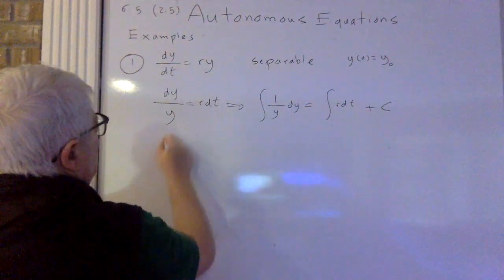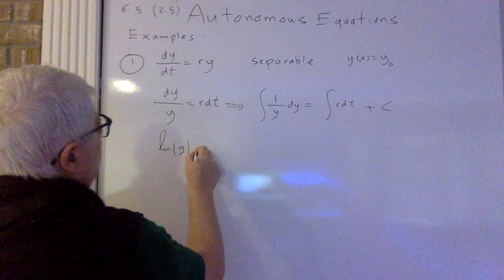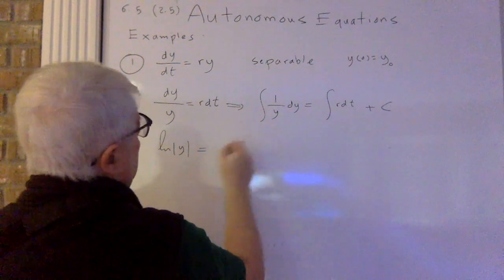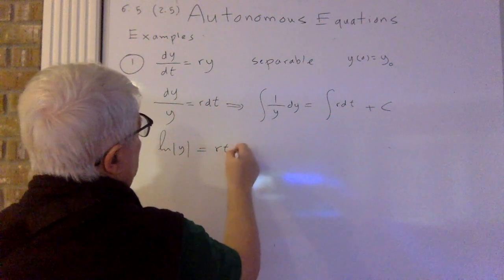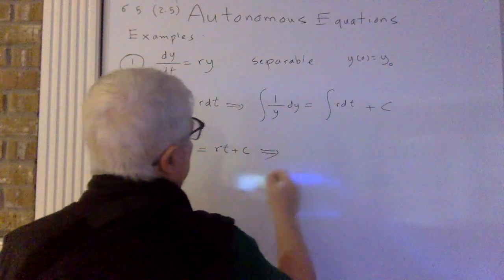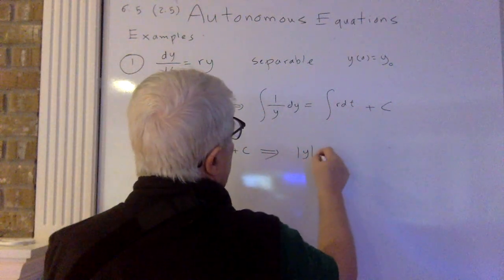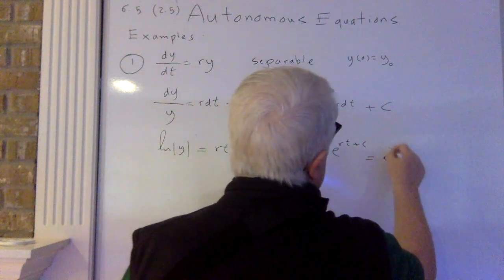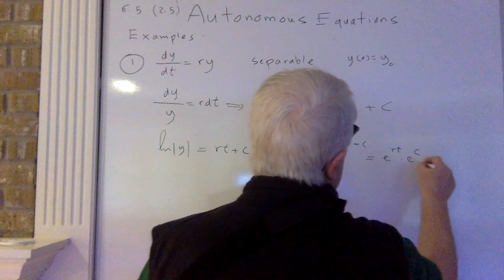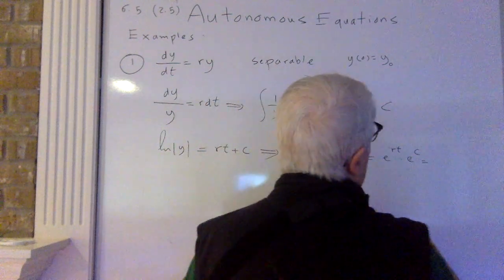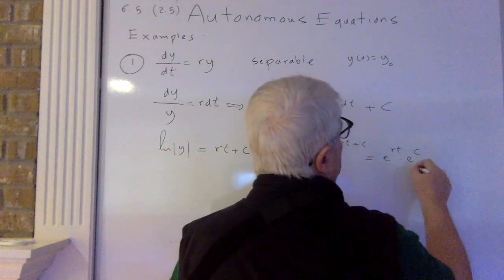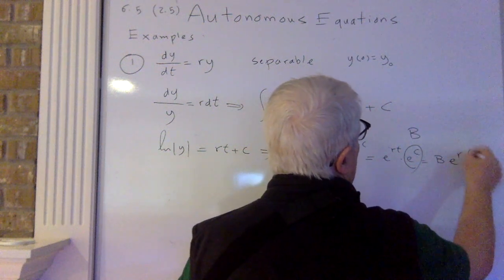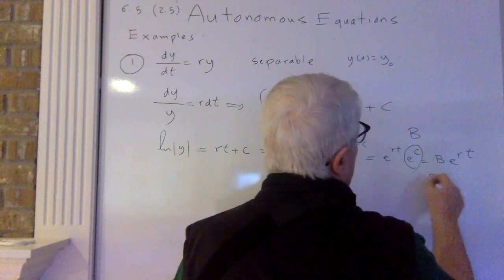On this side I have ln absolute y is rt plus c, and this gives me absolute y is e to the power rt plus c, which is e to the power rt times e to the power c, and let's call that b, so it is b e to the power rt for some b.